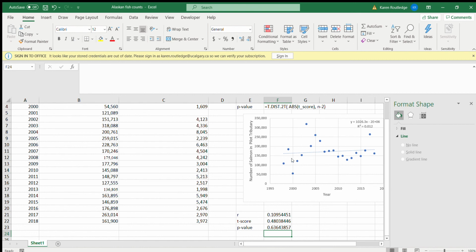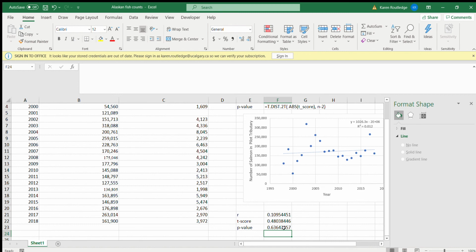If we were to resample under similar conditions and keep on doing that, it is entirely possible that in reality there is no relationship between year and number of salmon, and that the relationship we're seeing just happens by chance.